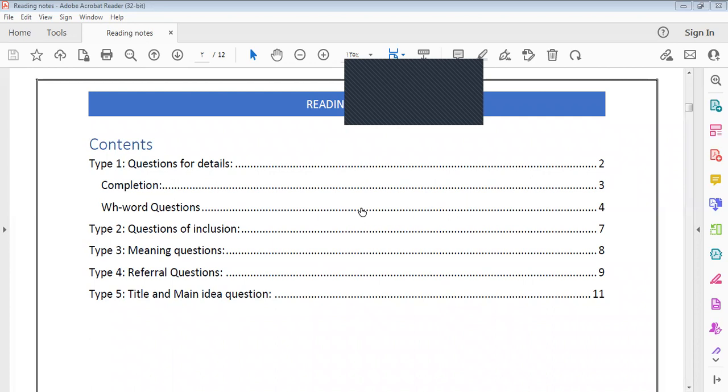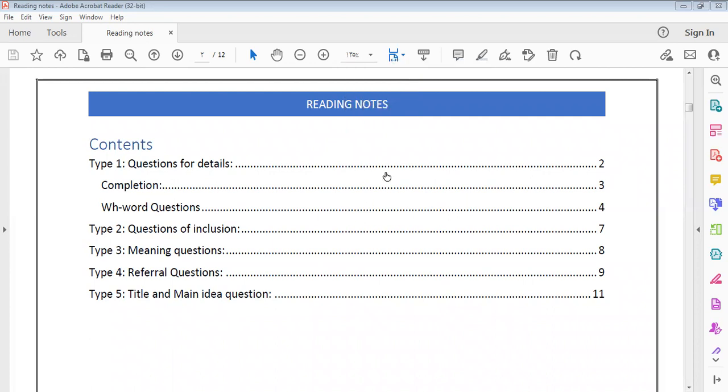We do need to know the technique or the approach that will help us to answer the question competently and properly.